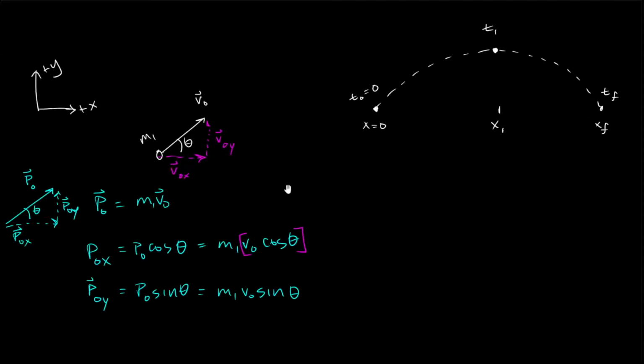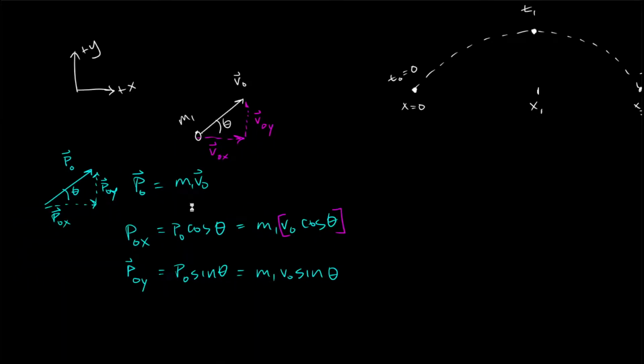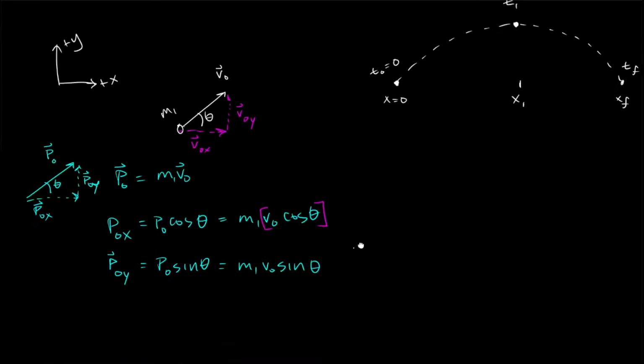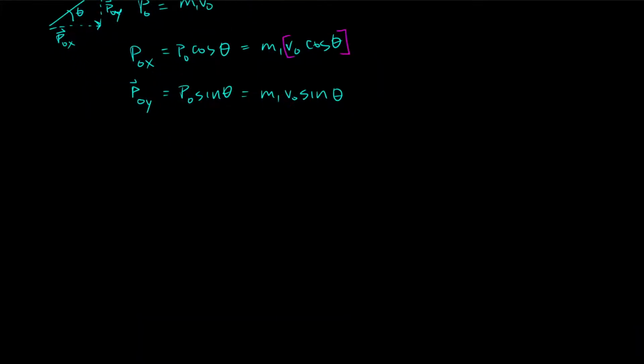Now we want to use this idea of momentum to find the time it takes for our object to reach this highest spot, and where along the ground, or what its horizontal displacement is at that spot, and then the time it takes to fall back down to the ground and where it lands. So we'll come over here and draw a free body diagram of our object. Here's our object.